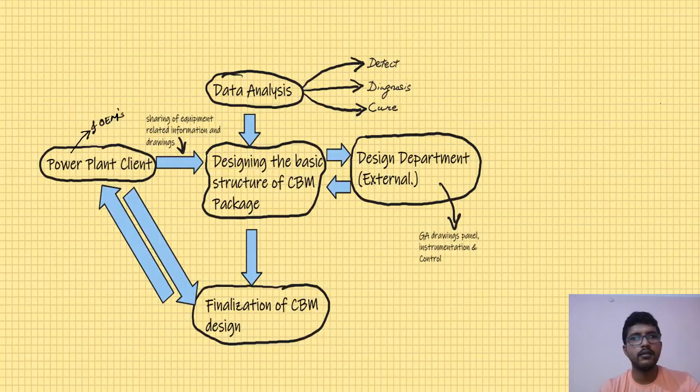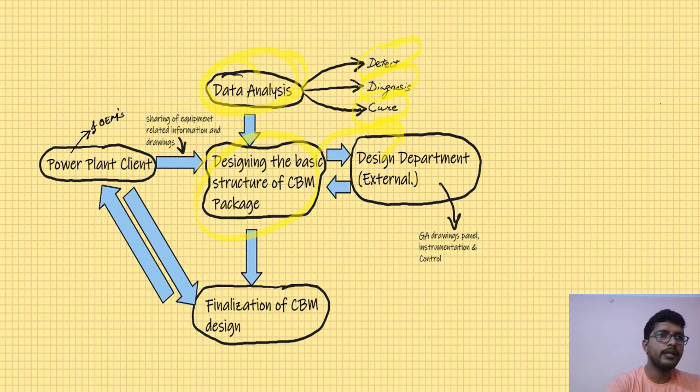And this is the structure of condition-based maintenance. We initially perform the data analysis, which has 3 steps: detect, diagnosis, and cure. We then have a rough design of the basic structure of the CBM package. Then we coordinate with the design department, with a continuous exchange of information between the two.